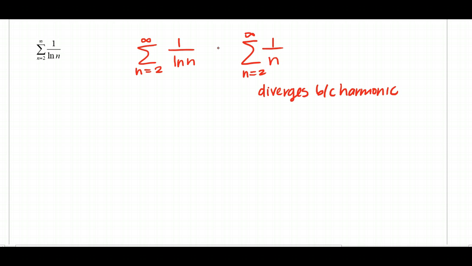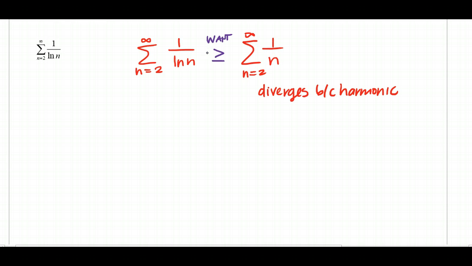And now we have to decide the relationship between the general terms. So here's what we want. Because the series that we chose to compare it to diverges, I want the other series that I'm trying to decide to be greater than or equal to the series that I chose that diverges. Because if I have a series that diverges, then anything bigger than it, term by term, must also diverge.